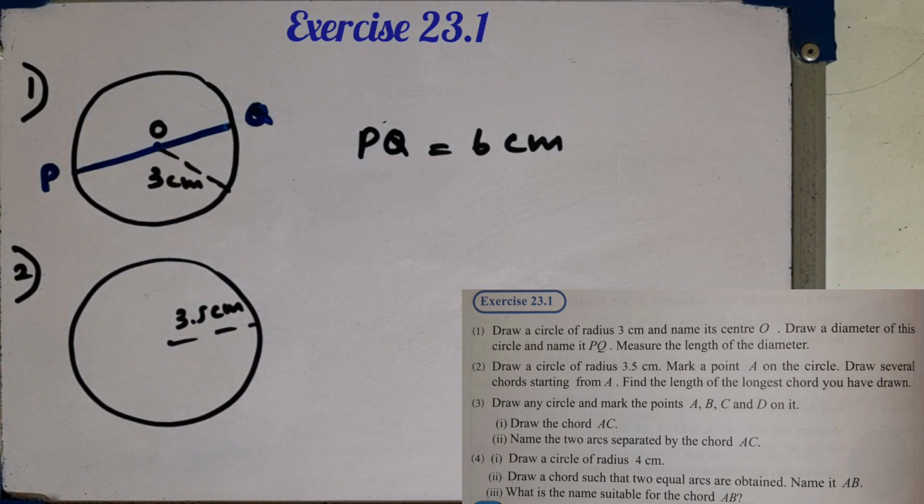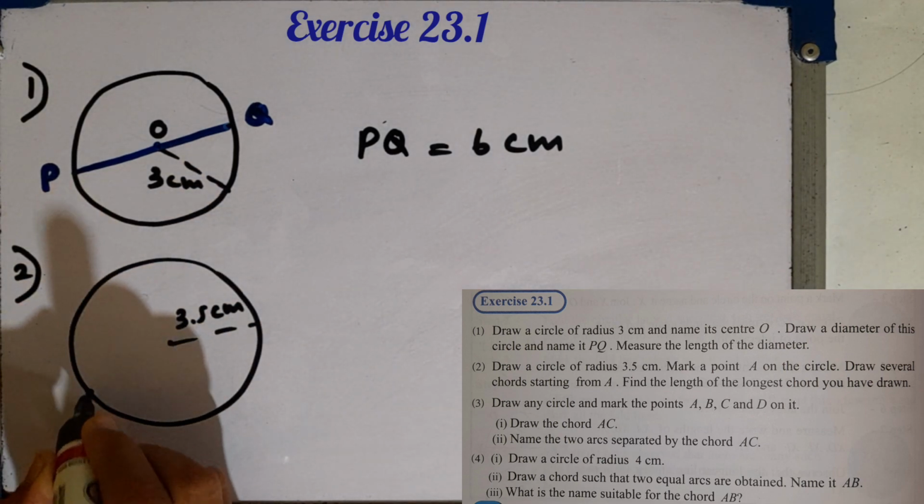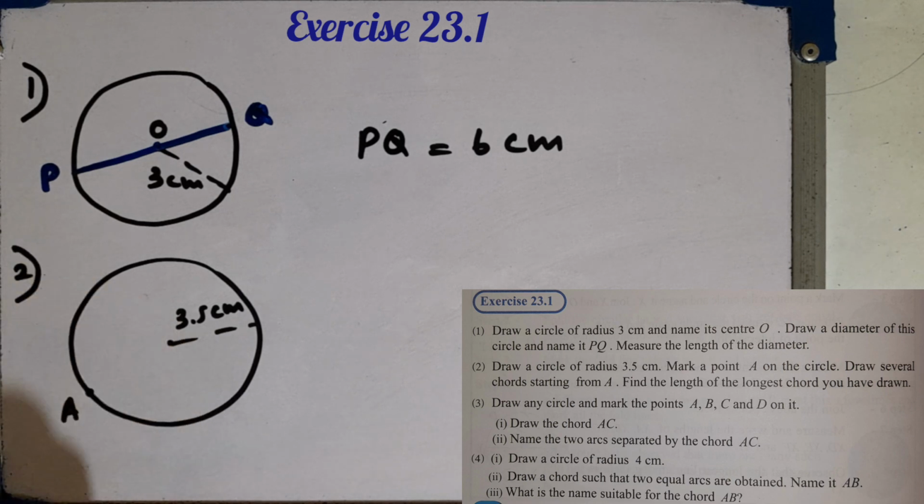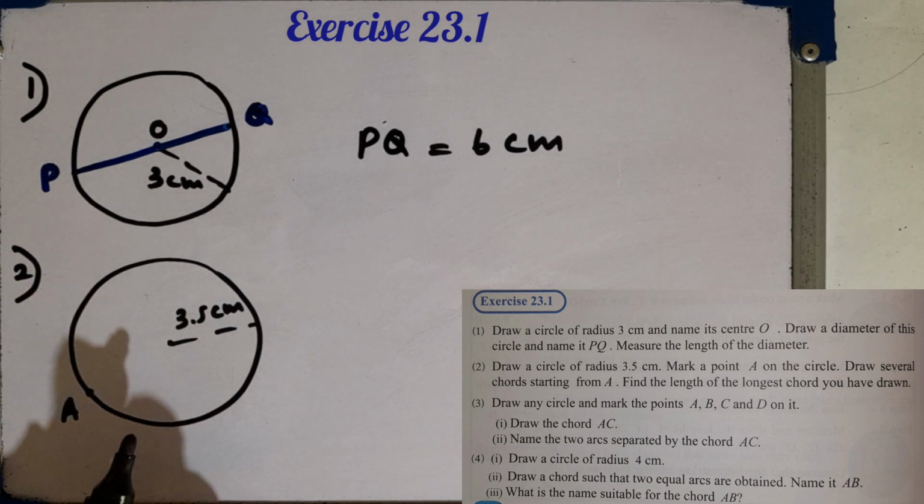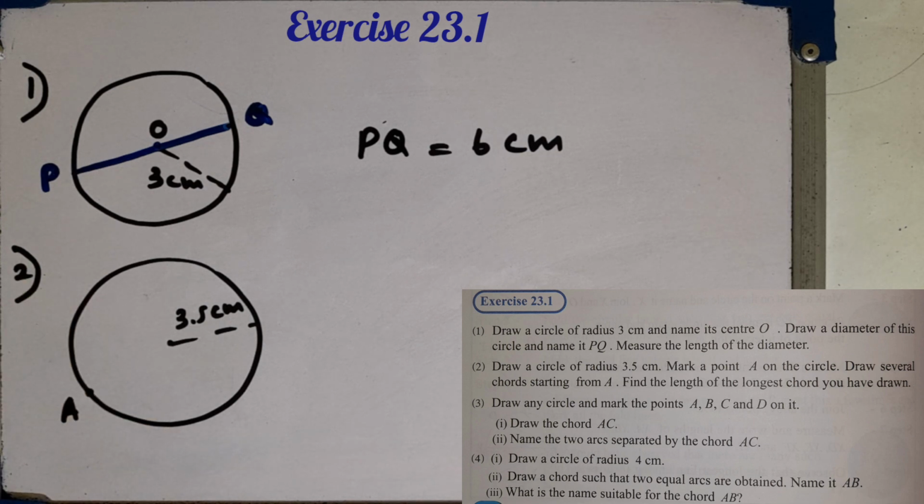Then mark a point A on the circle. I will take a point A like this. This is point A. Draw several chords starting from A. Then find the length of the longest chord you have drawn. How to draw it? You can draw like this.